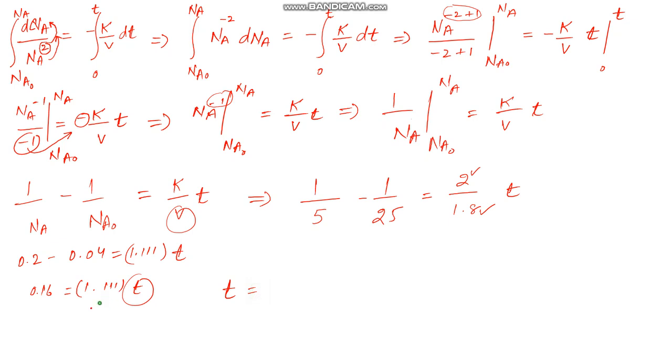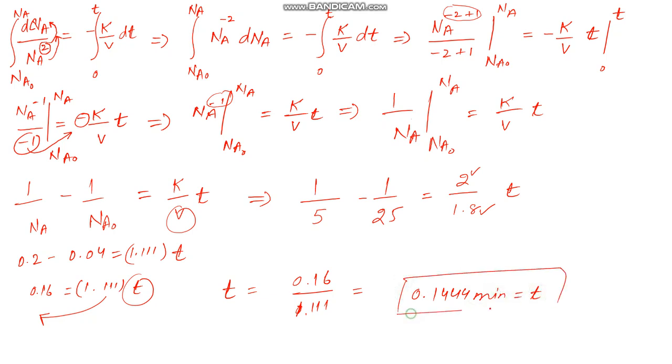So just divide by 1.111, so it will be 0.16 divided by 1.111, so its answer will be equal to 0.144 minutes is equal to the time. So part 3 is also done.